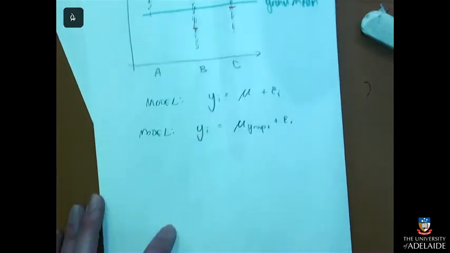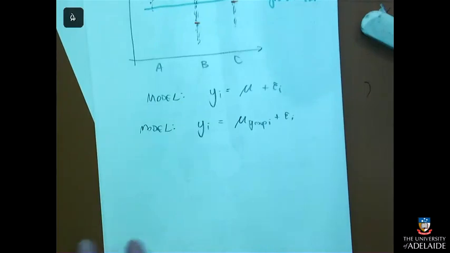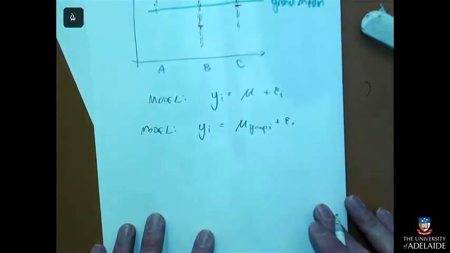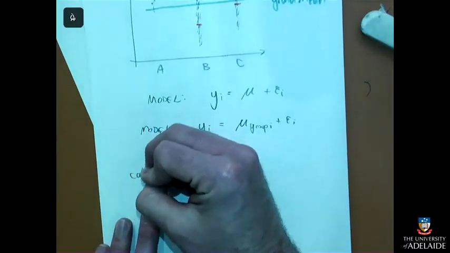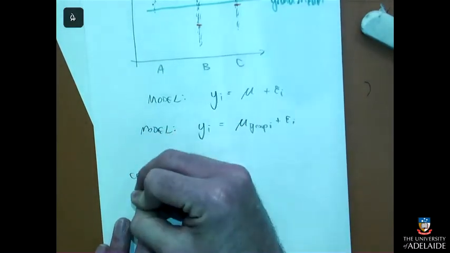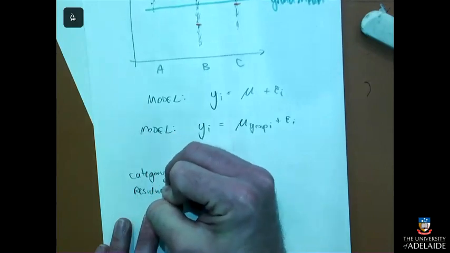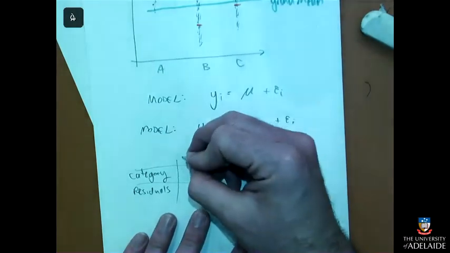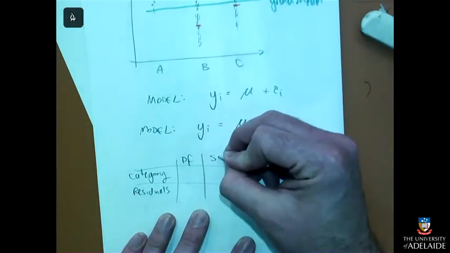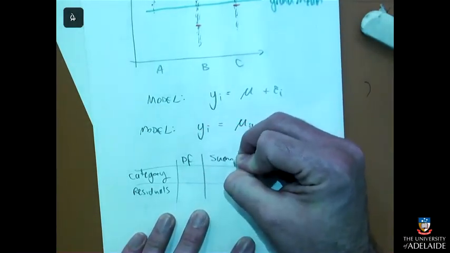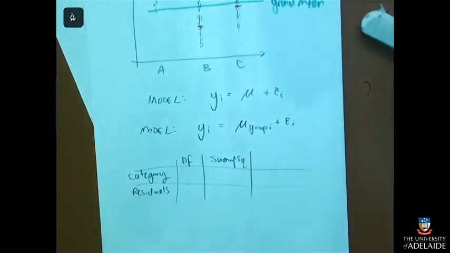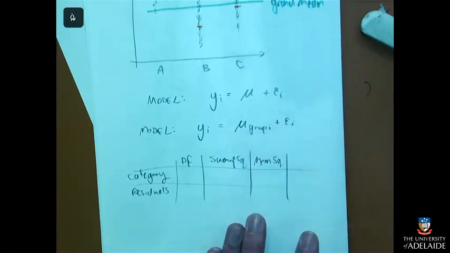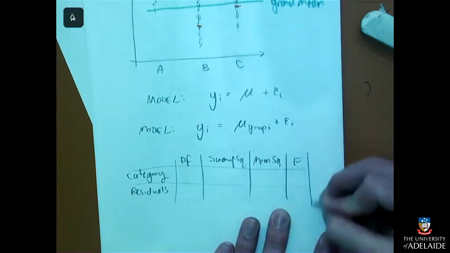Yeah, and so you create this table, which goes: the category and the residuals, the sum of squares, the mean square, and your F and your p-value.